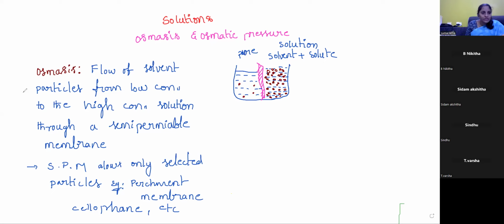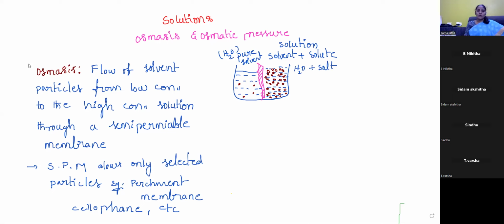Here solvent is water. Let's take an example. So here solvent is water and solute is salt.